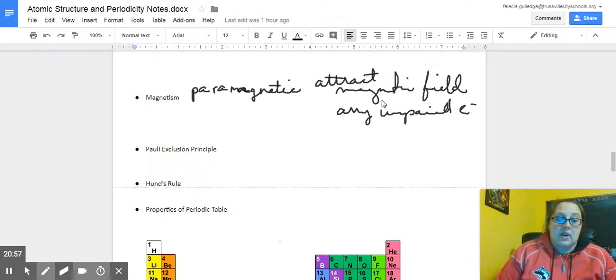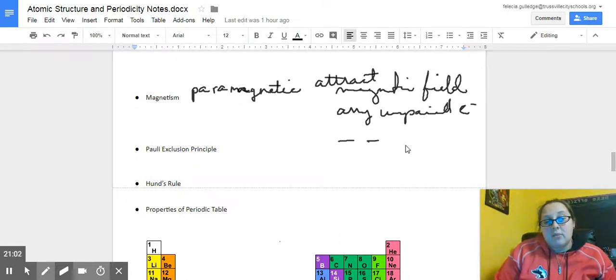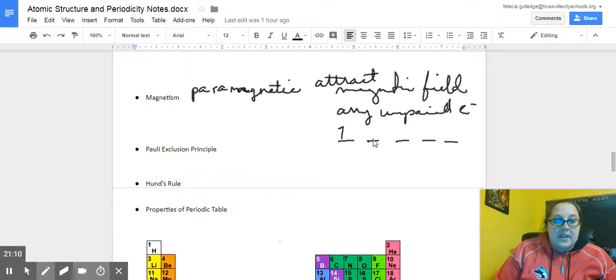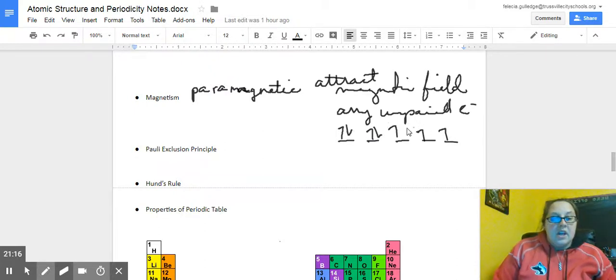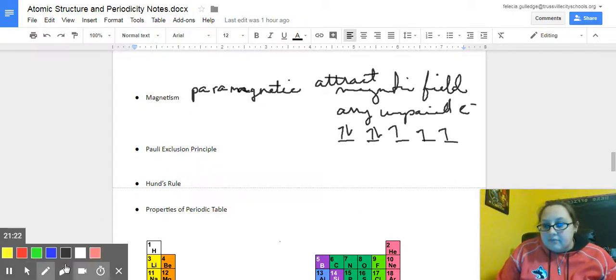Okay, and how I know if I have unpaired electrons or not, remember how we were talking about orbital notation? So let's say I had an orbital notation in the D block, 1, 2, 3, 4, 5. That was like this. So this would be, let's just do iron.